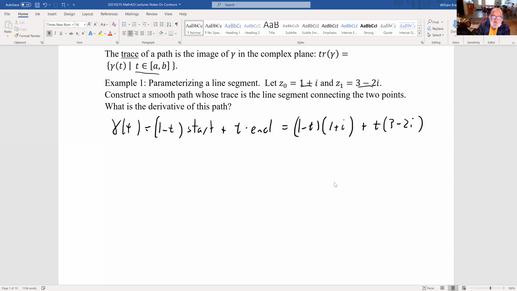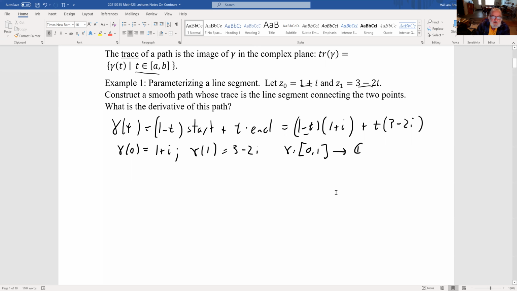So that's my parameterization. Note that gamma of 0 is 1 minus 0 times 1 plus i plus 0, which is 1 plus i. Gamma of 1, that makes this term 0, is 3 minus 2i. So gamma is a function from the interval 0, 1 into the complex plane.